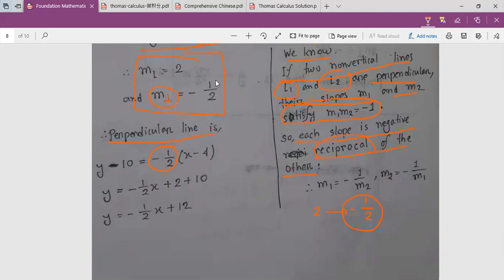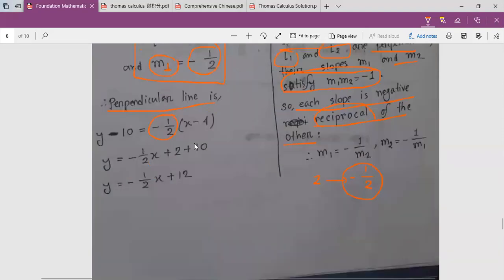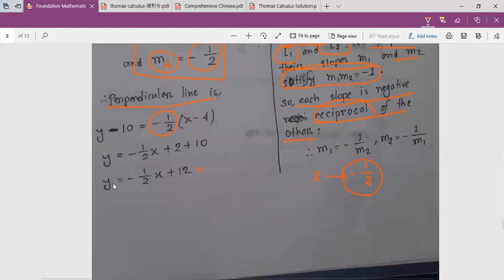Do not ever take the other one. So we get our equation y equal to minus 1/2 x plus 12. Understood, everyone?